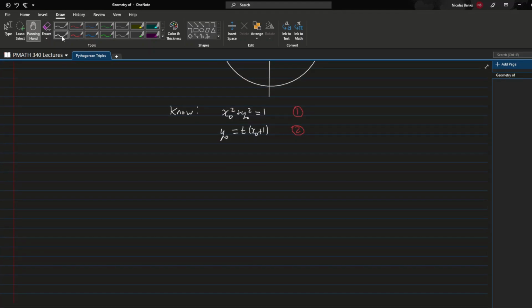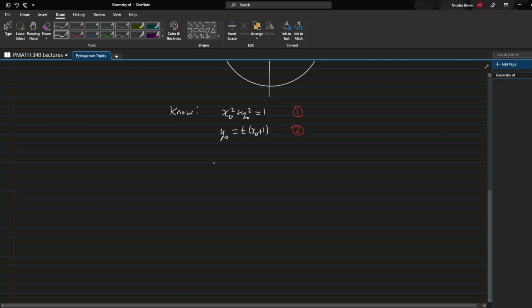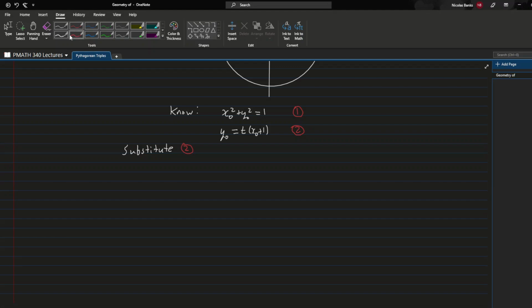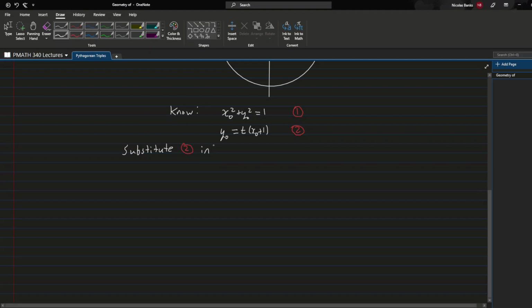Now this is a system of equations, which you might have seen a little bit of in linear algebra, but they're not linear equations. So there's not always a standard way to solve these sort of systems, but this one turns out to be sufficiently nice that we can work with it. So how do we start? Well, we substitute equation 2 into equation 1.